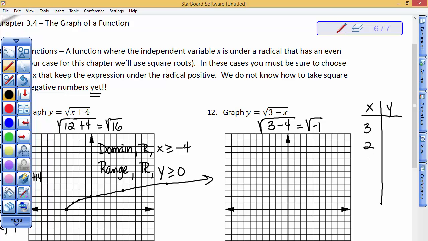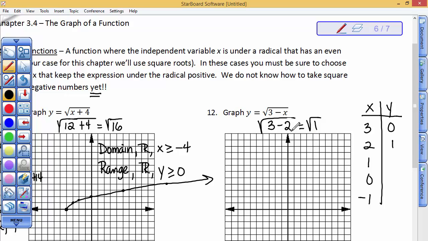So if I did this by hand now, when I put a 3 in here, 3 minus 3 is 0. Square root of 0 is 0. 3 minus 2, the next value, is 1. Square root of 1 is 1. Now I'm inclined to not bother with putting a 1 in here because that'd be the square root of 2.